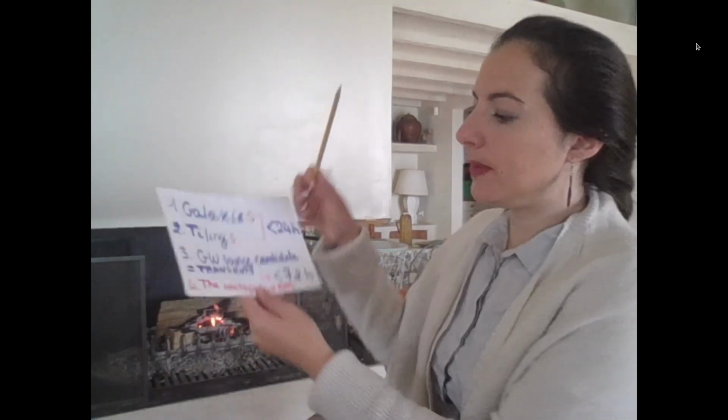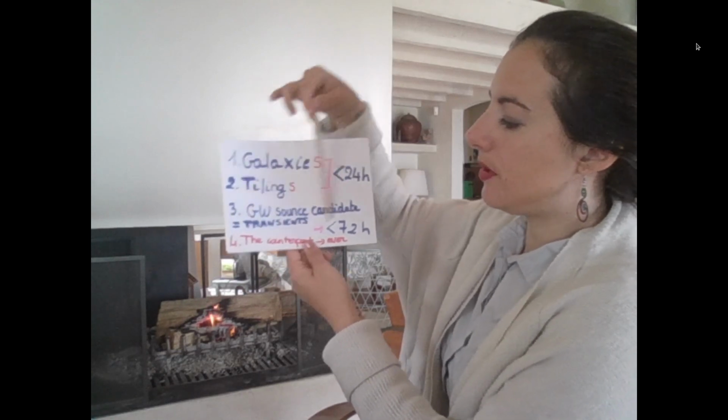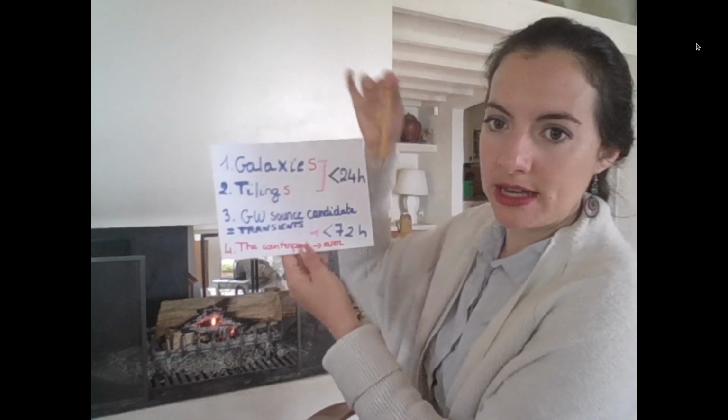This candidate you won't have on Slack, you will receive it by email, because this is an action of the FA, who will transmit to you which candidate you need to observe. Either in observation, or you will receive an email. This is very important because during O4 you will really observe these GW source candidates.